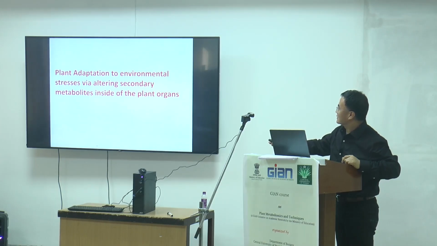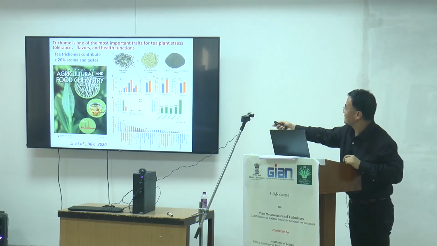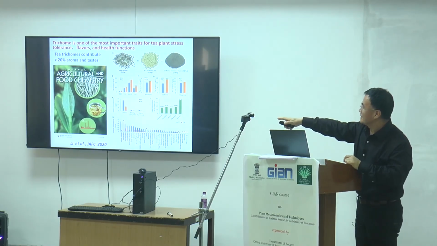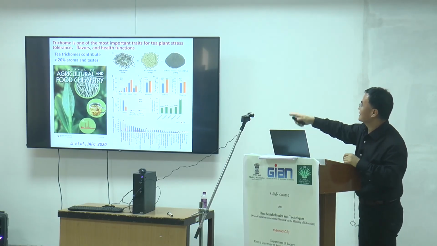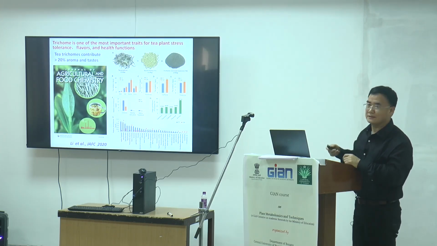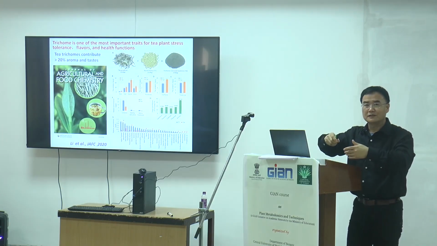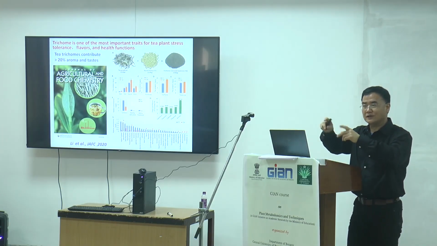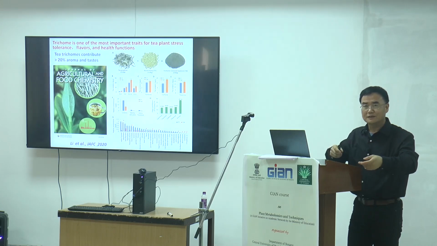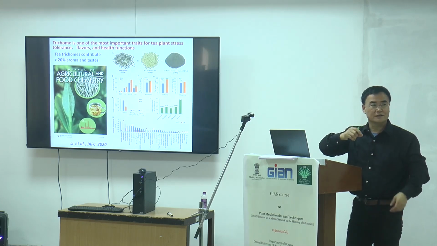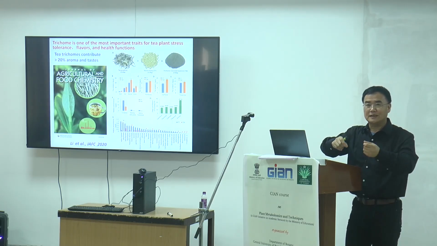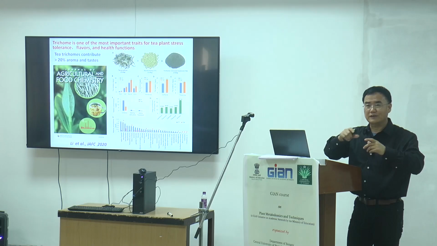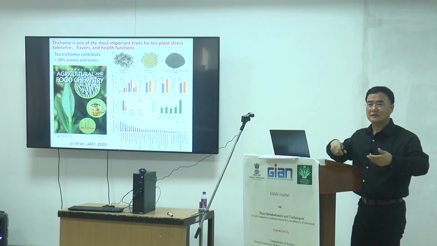I will just quickly go through this. This is the tea trichome. We just want to show that the trichome is one of the most important traits for the tea plant. If there is more trichome, the tea shoot or young leaves covered by more trichome will have a stronger flavor and also more bioactive compounds. So the smell, aroma, and taste are better.